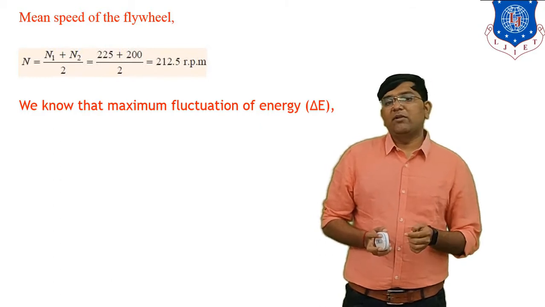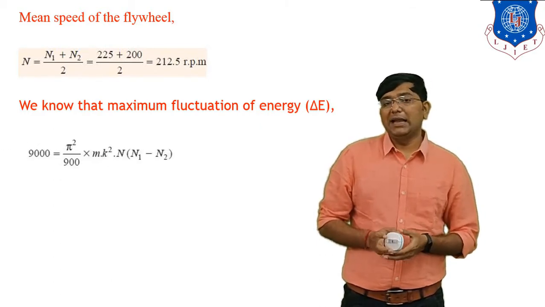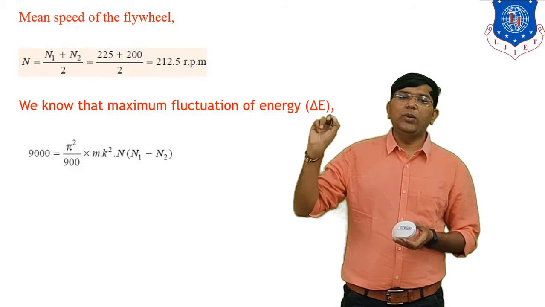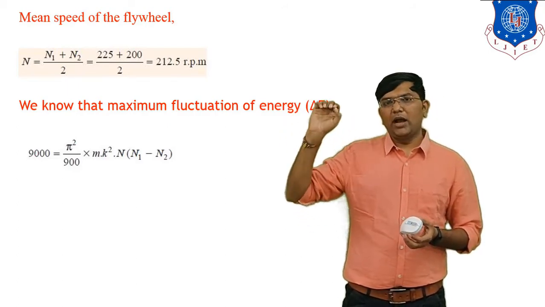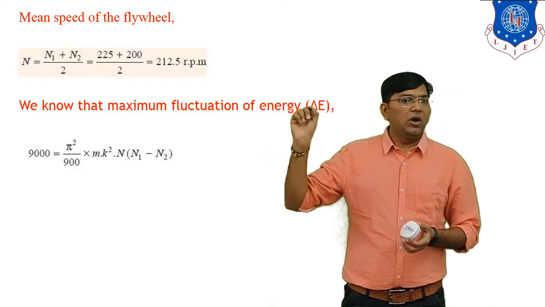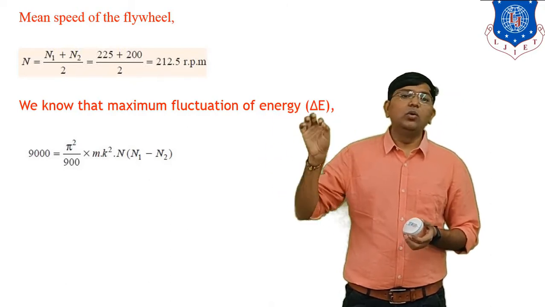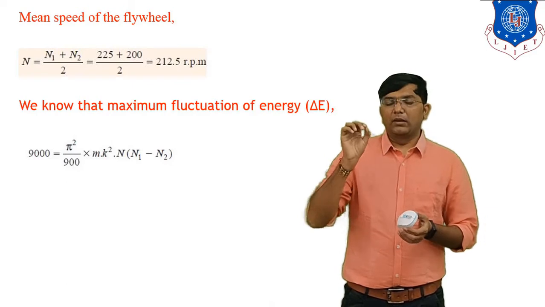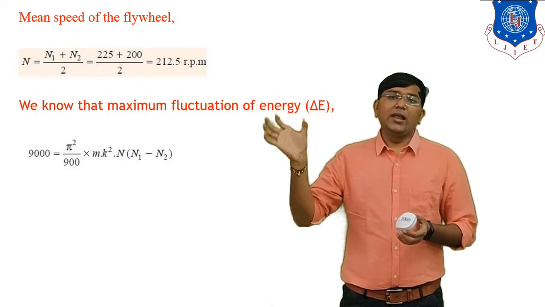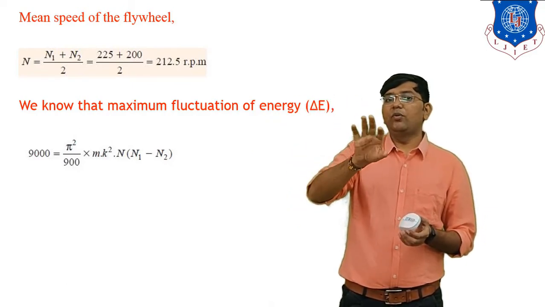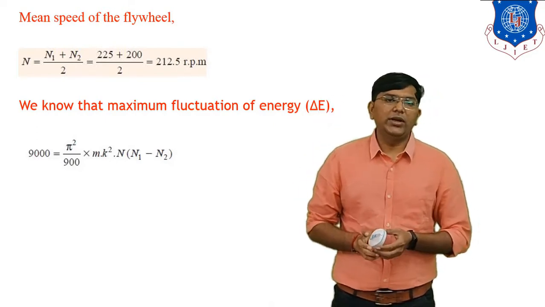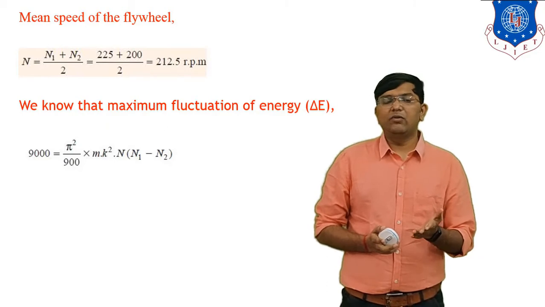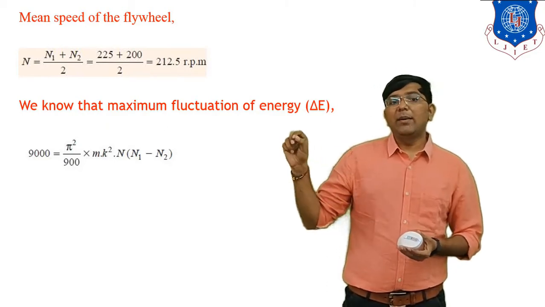Now we know that the maximum fluctuation of energy delta E is equal to I omega square Cs, or delta E is equal to I into omega 1 minus omega 2, and instead of omega you have to put the value of 2 pi n by 60. Clear? Put all values over here. Delta E is equal to 9000, and I is equal to mk square.